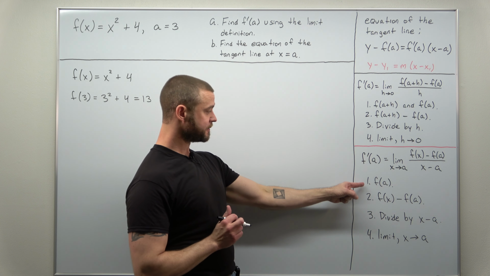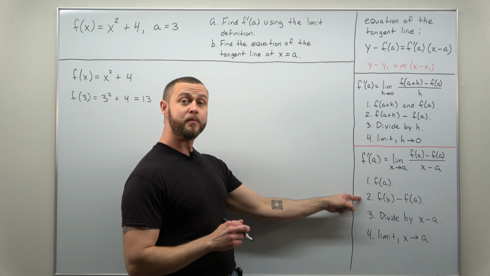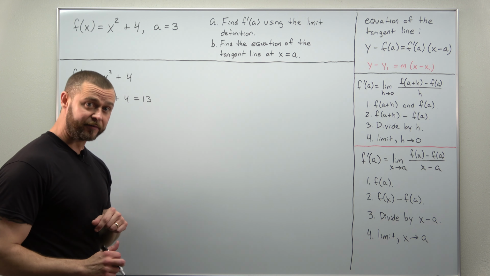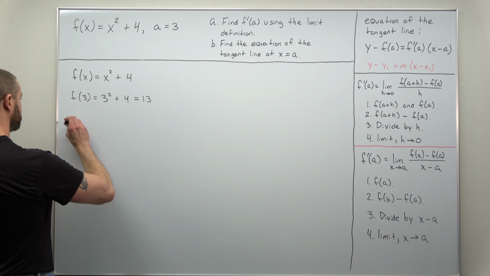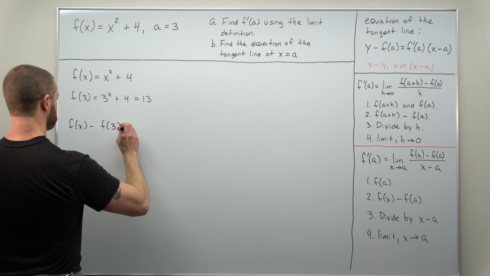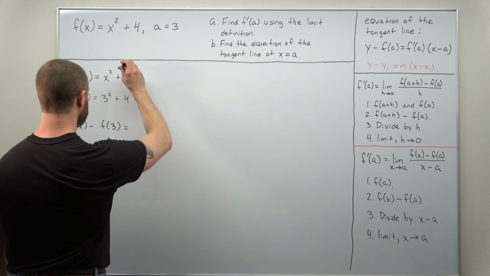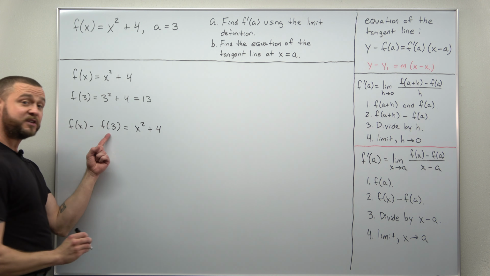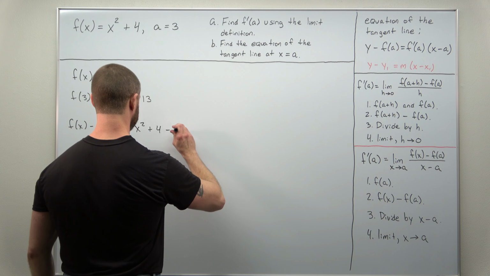So let's start with the first step, find f of 3, which we already did. We can now move to the difference, f of x minus f of a, f of x minus f of 3. All right, so we take the entire original function, x squared plus 4, and we subtract now f of 3, which we found was 13.